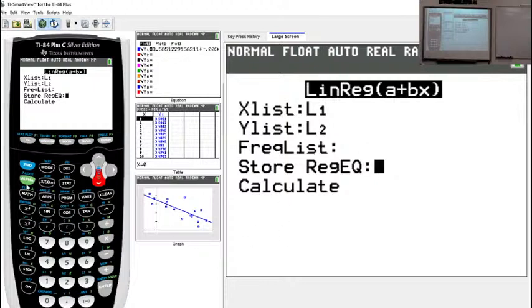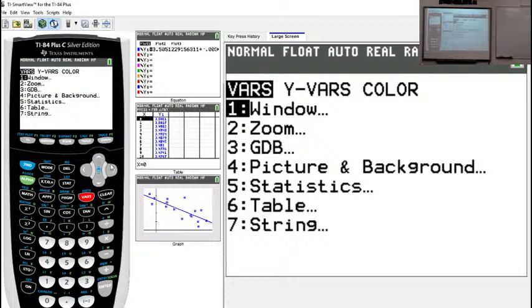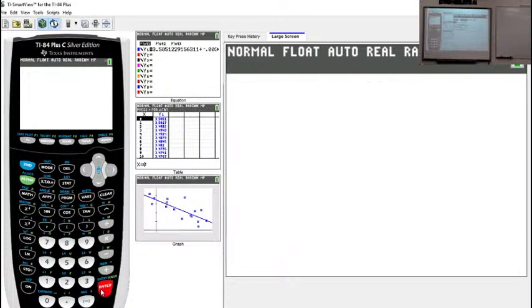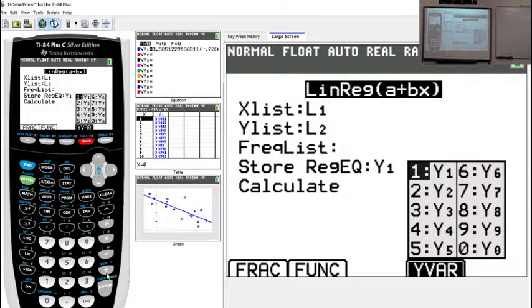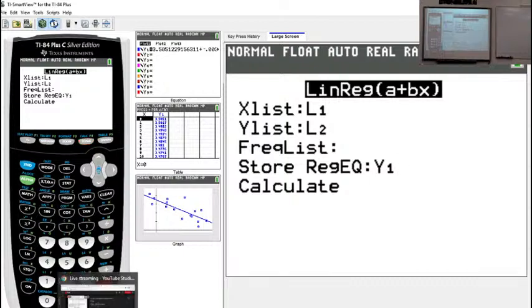Into Y1. So to bring up Y1, you can go alpha trace, or you can go vars over to Y vars function Y1. Some calculators don't have the alpha menus, so the other way is vars over to Y vars function Y1.